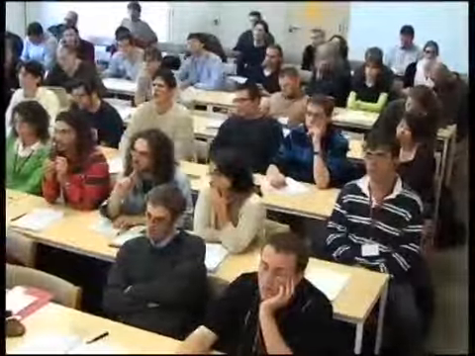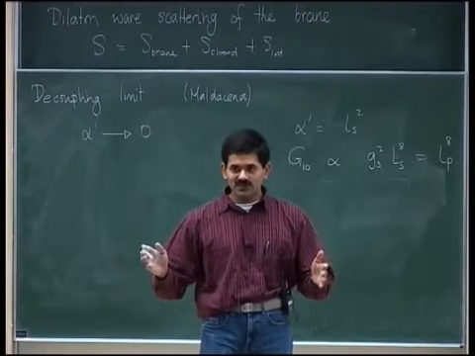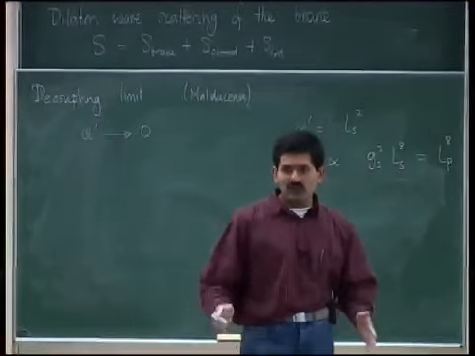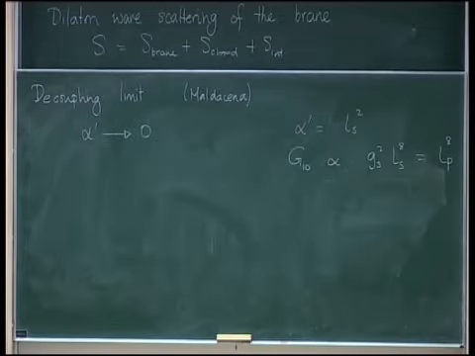Okay. If I take a very naive limit, I'll be left with nothing. What I want to do is take a limit where I focus in onto this region and somehow keep gravity in this region. That's a non-trivial bit in the decoupling. I don't want to switch off gravity here as well.